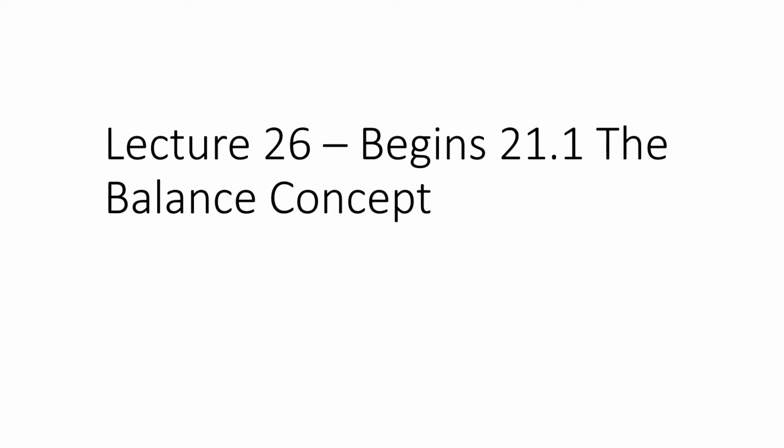And you may just want to jot down here in your notes, when we're talking about these two balances being interdependent, they are in fact inversely proportional. Anytime one goes up, the other goes down. Anytime one goes down, the other goes up.